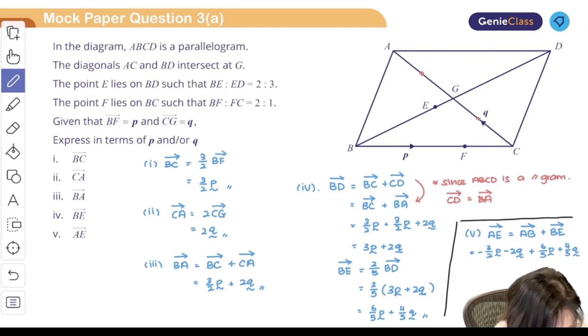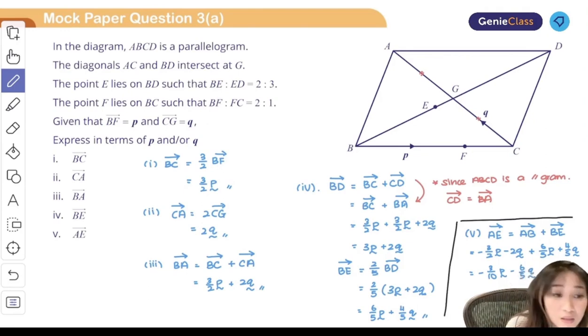Then we simplify, calculate this, and you should get negative 3 over 10p minus 6 over 5q. Is this okay? Very good, Kavya.